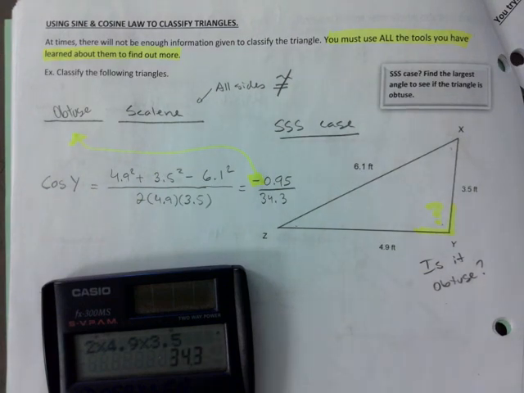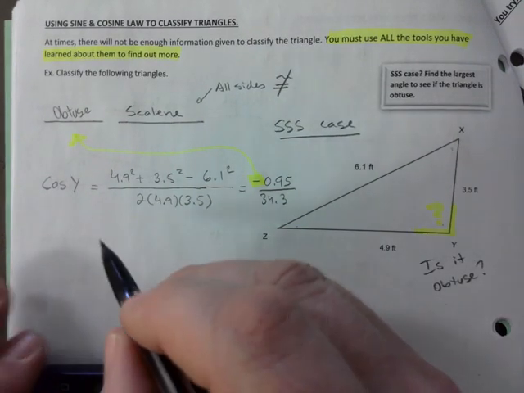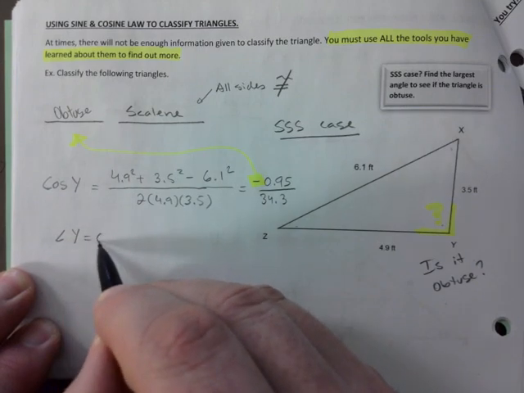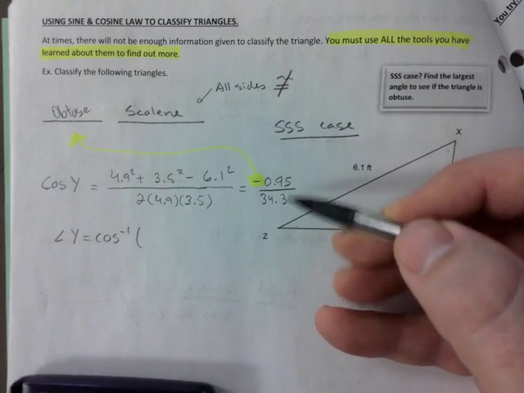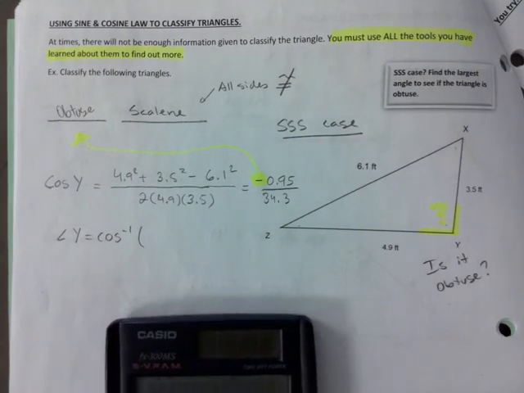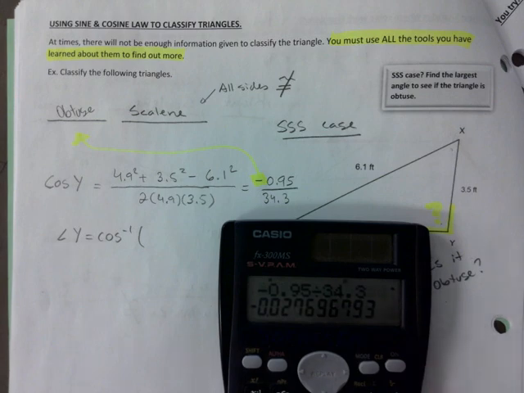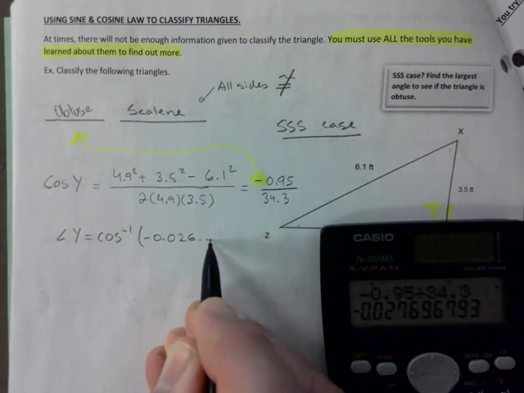But I will still finish this part here because I want to make sure we get this right. So to find out the answer for sure, angle y is cosine inverse of whatever I get when I divide this. I will do so right now. Negative 0.95 divided by 34.3. That's negative 0.026 and so forth.